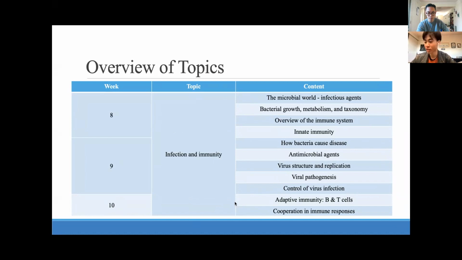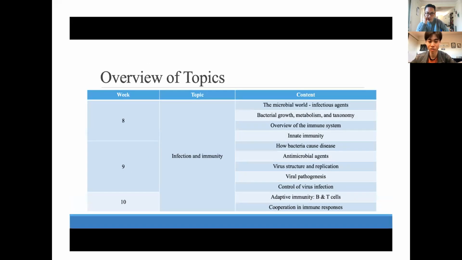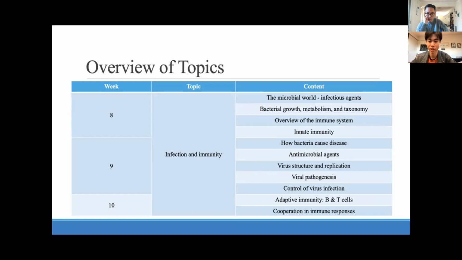It's basically a big chunk taken off what the science kids would be doing in the principles of immunity subject. You go over bacteria, viruses, and ways we can treat them.